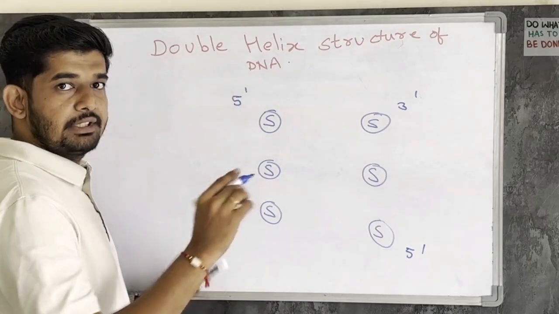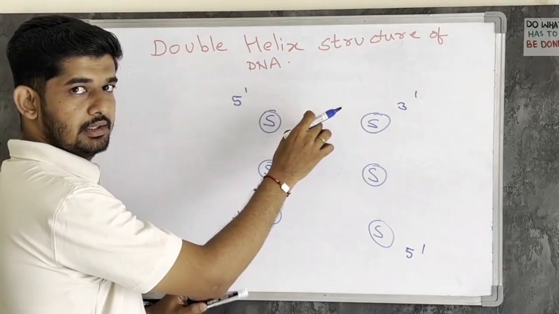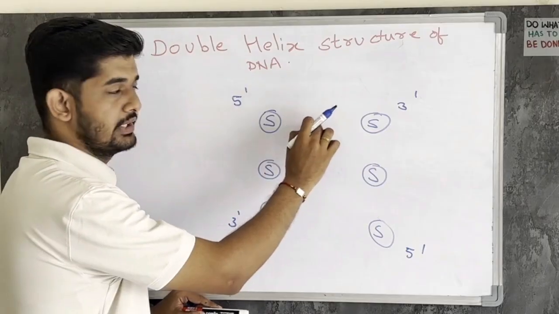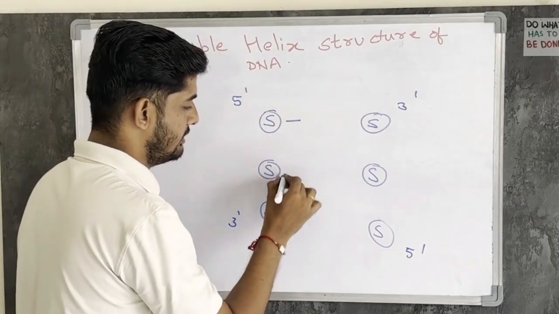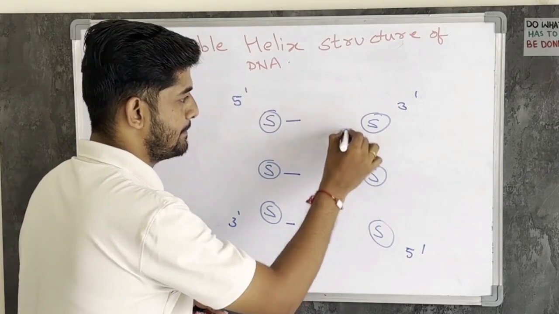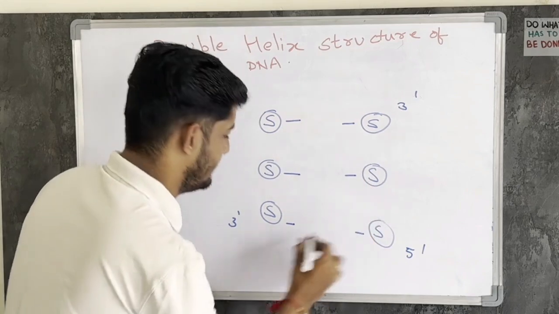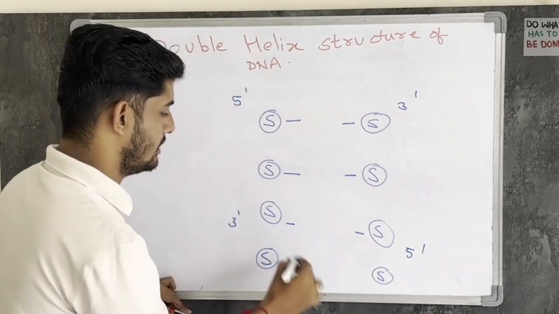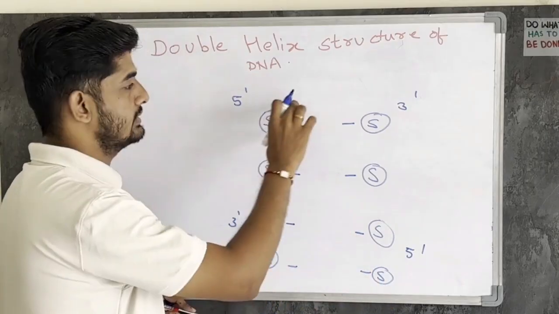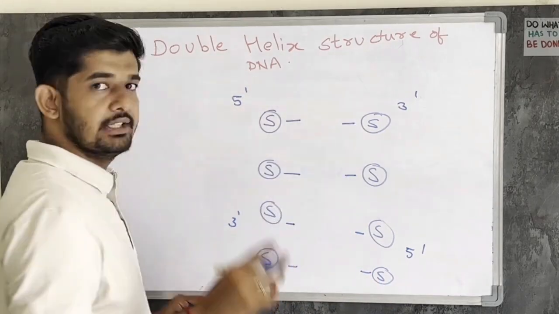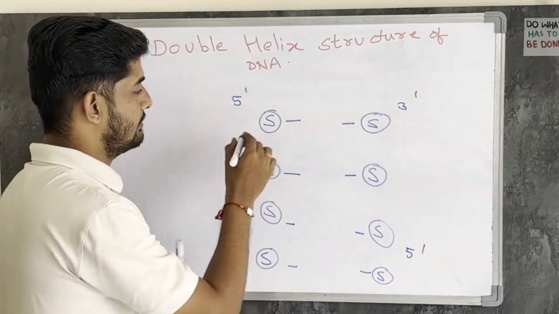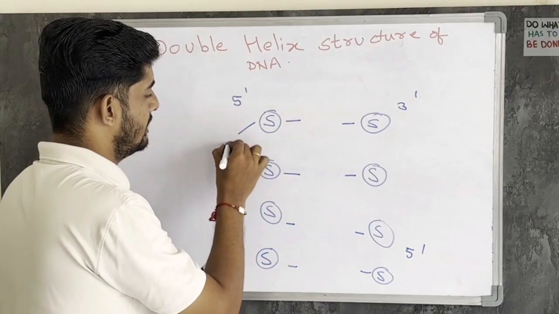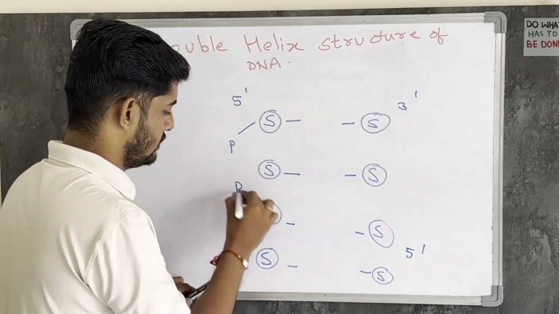Now, the bases that are present in the DNA are projected inwards. So here will be our bases. Let's add one more sugar here. The bases will be towards the inside, and the phosphate will be projected outward.